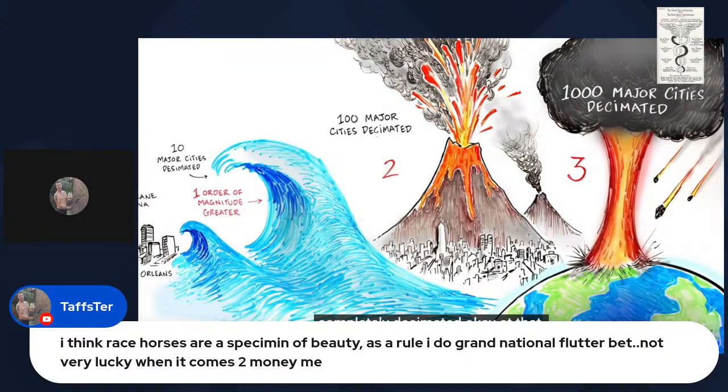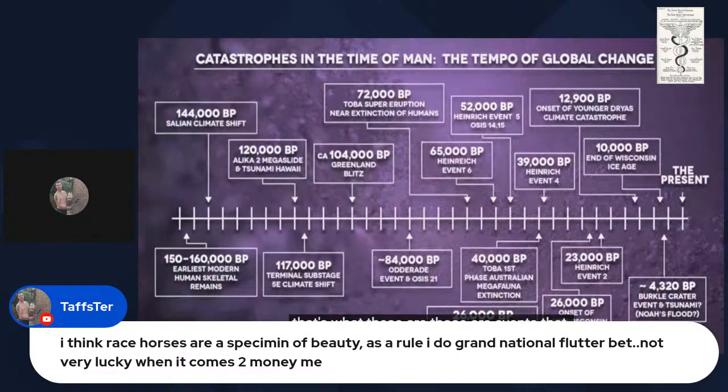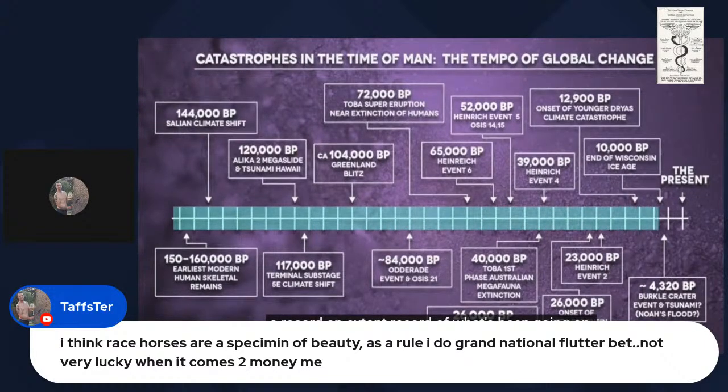Okay, at that level, 3 orders of magnitude, that's what these are. Those are events that essentially would be 3 orders of magnitude. Once you begin to ponder this, it becomes apparent why there isn't an extant record of what's been going on for the whole time that we humans have been here.